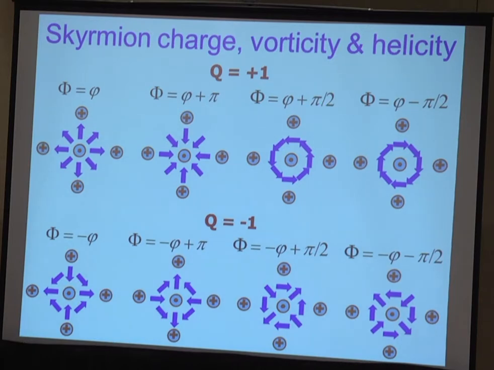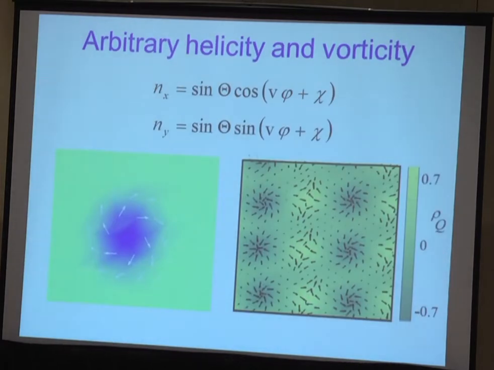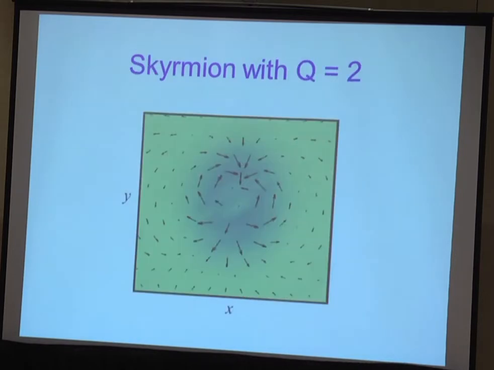And typically in ferromagnets, only one type of helicity is allowed, but here, if you neglect very weak sixth-order in-plane anisotropy, it becomes really a new degree of freedom. So you can have Skyrmions with arbitrary helicity, crystals made of Skyrmions and anti-Skyrmions, and also Skyrmions with higher topological numbers.